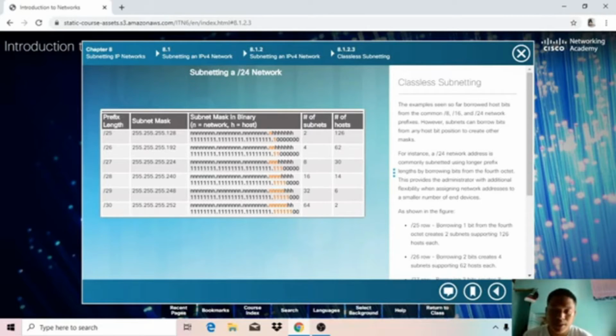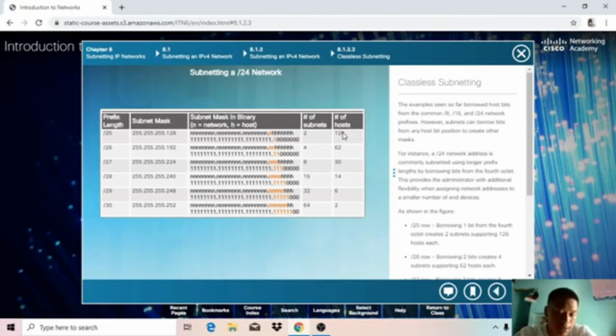Classless subnetting. The examples so far borrowed 24 host bits, which is the common 8, 16, and 24 network. You see this, the plus 8. However, a subnet can borrow bits from any host bit position to create other masks. So this is the prefix length, subnet mask in binary, number of subnets, and number of hosts.